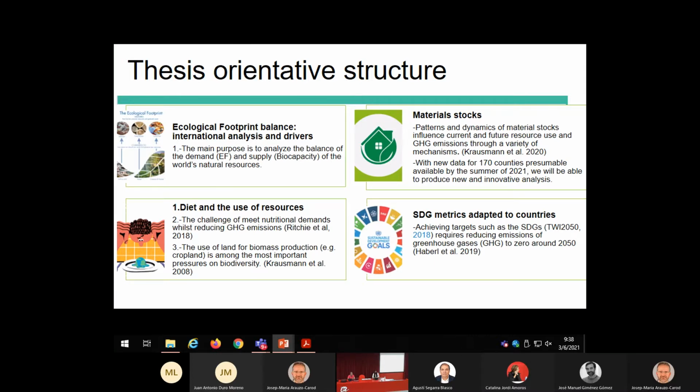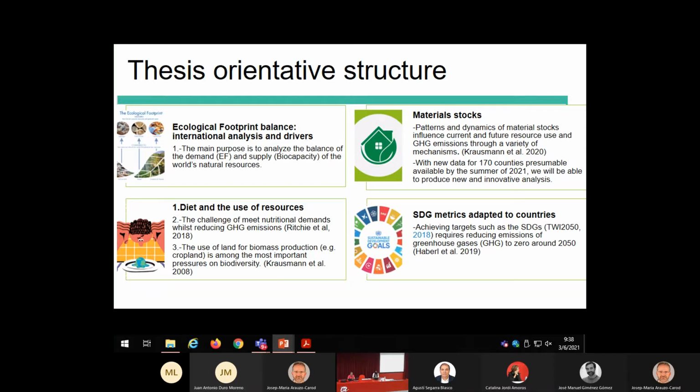Well, so we would like to use that data in order to create some innovative analysis. The third pillar is diet and the use of resources. So this is to face the challenge of meeting nutritional demands while reducing the greenhouse gas emissions. And well, it's concerning that the use of land for biomass production, which could be cropland, is among the most important pressures on biodiversity.